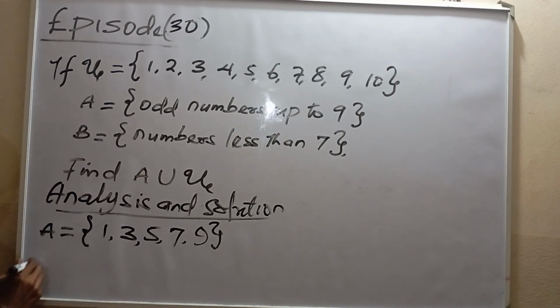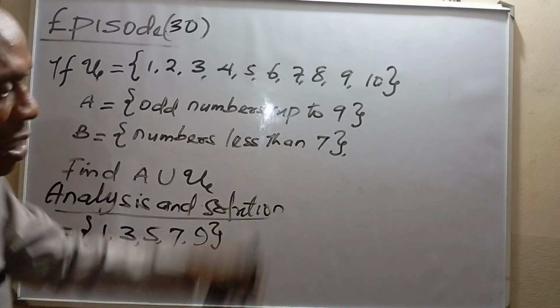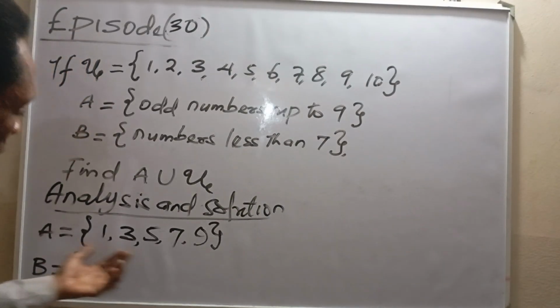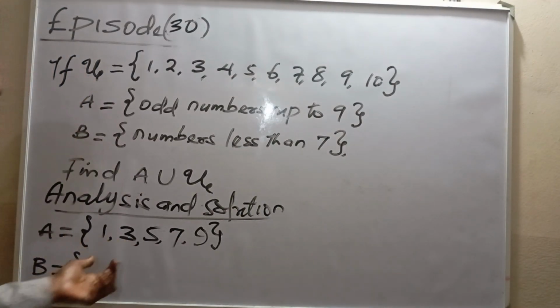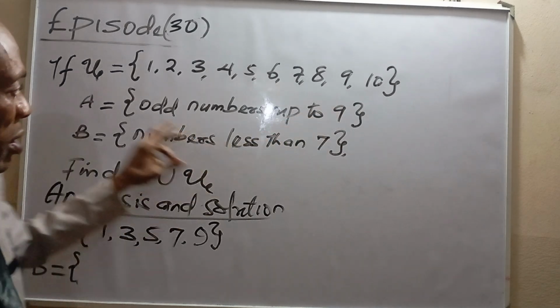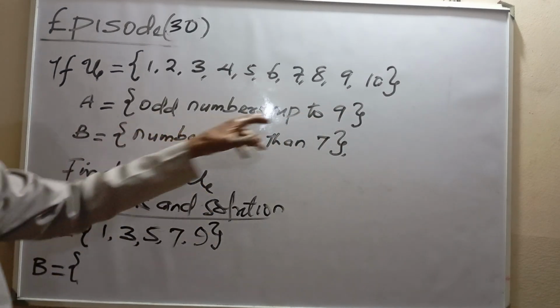Then we list that of B. B is the numbers less than 7. In listing the elements of set A, we included 9 because the instruction is odd numbers up to 9.